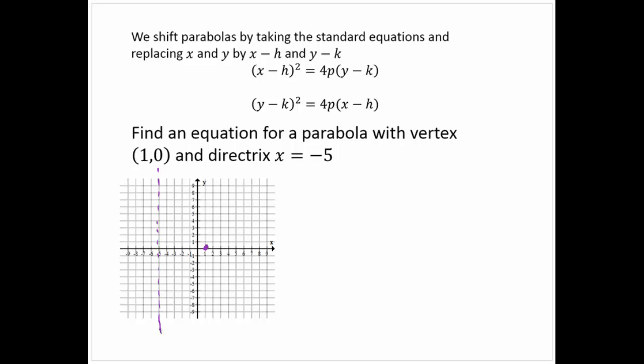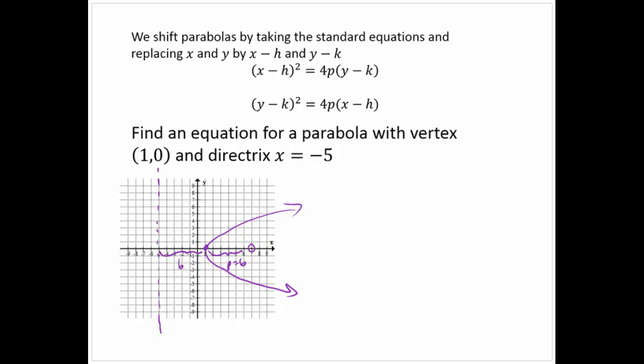What's the distance between the directrix and the vertex? That's 6 units. So then the focus is 6 units inside here. And if you just wanted a rough sketch, you'd have a parabola opening to the right, something like that. But also notice that that tells me that the p-value is 6.